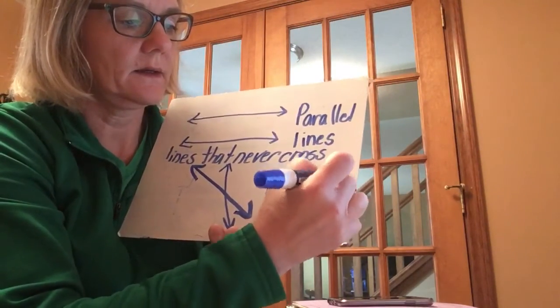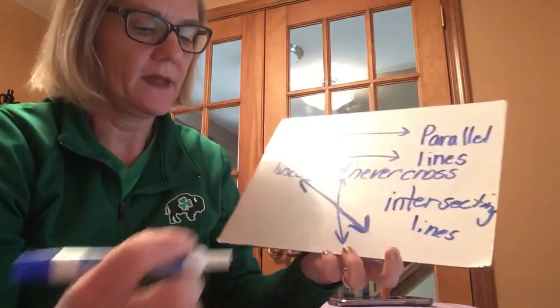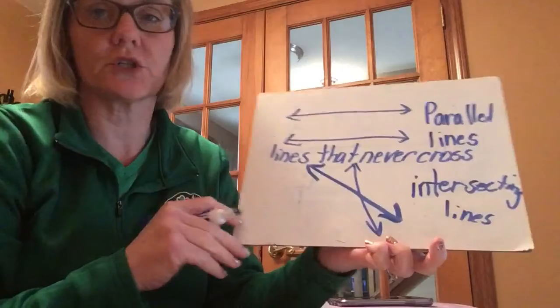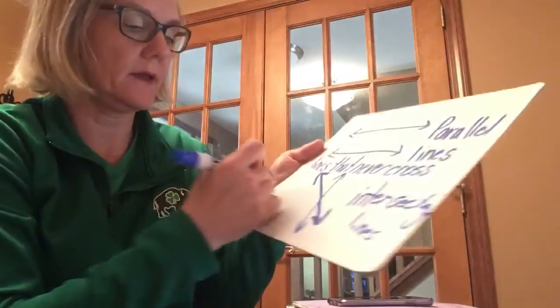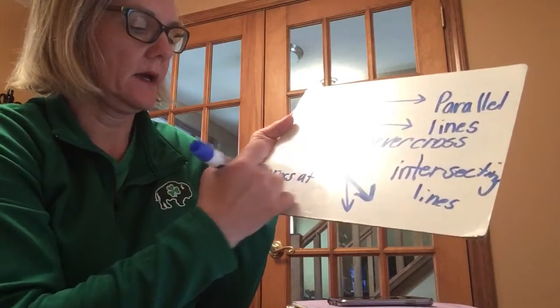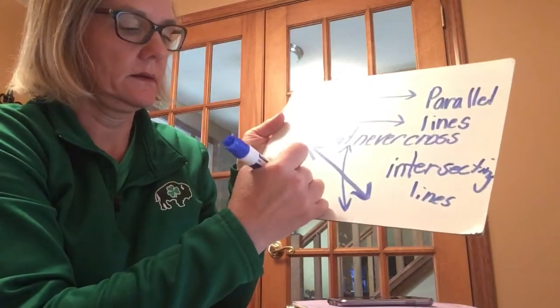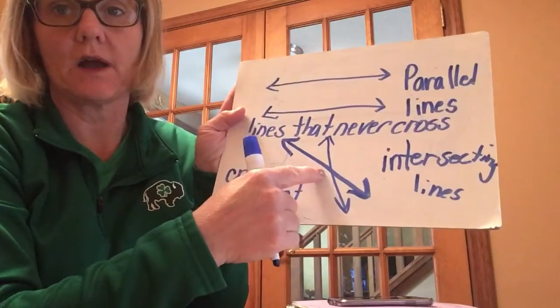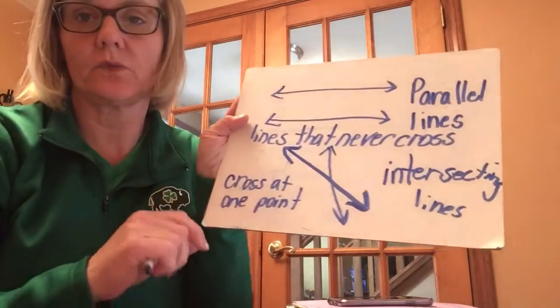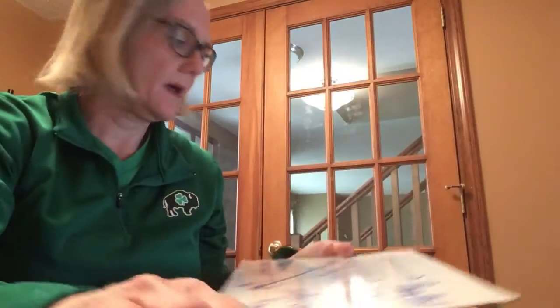Intersecting lines. Okay. And these are lines that cross at just one spot. So they cross at one point, which would be right where they cross. They intersect right there.